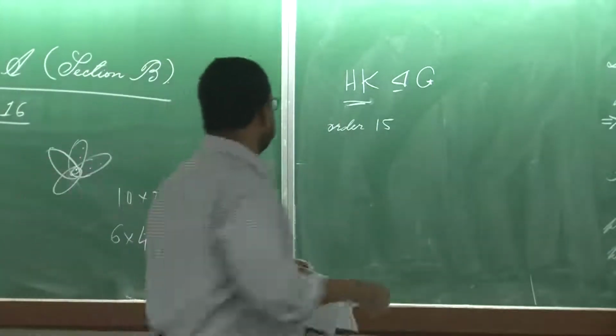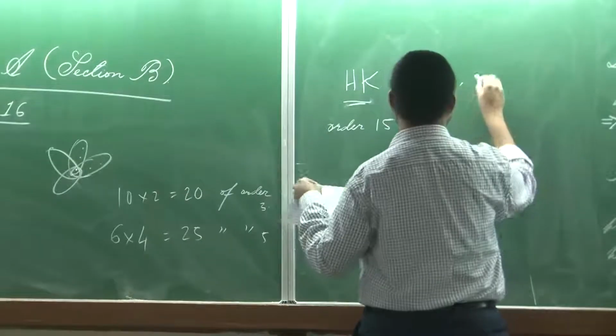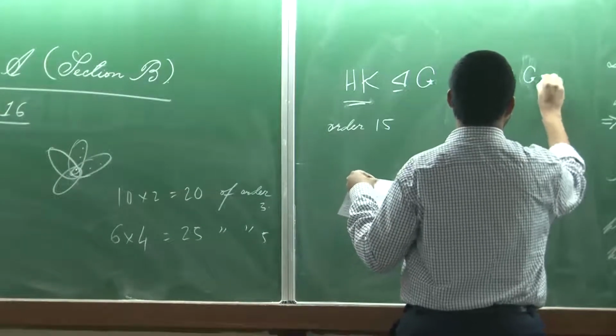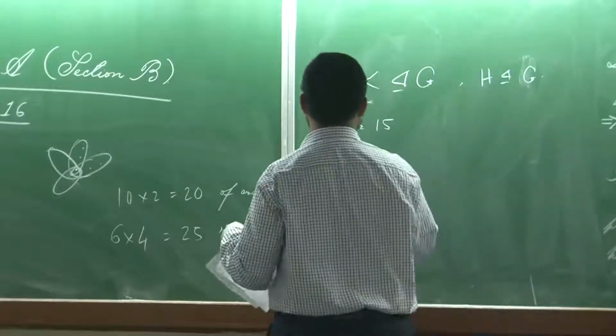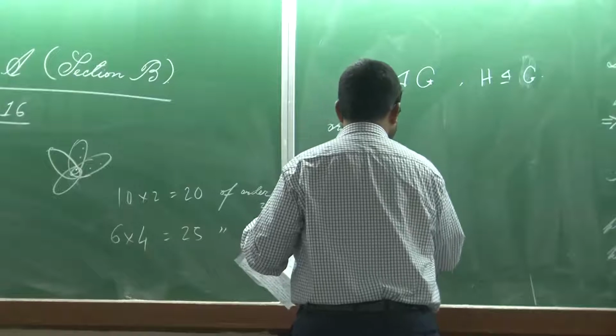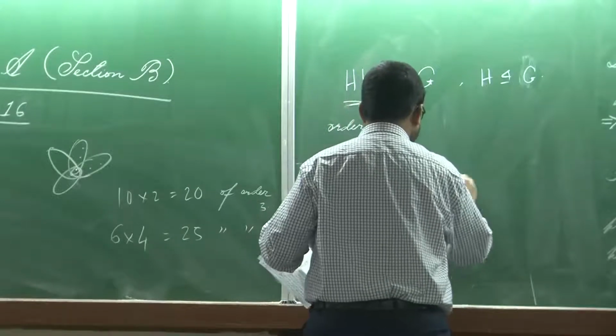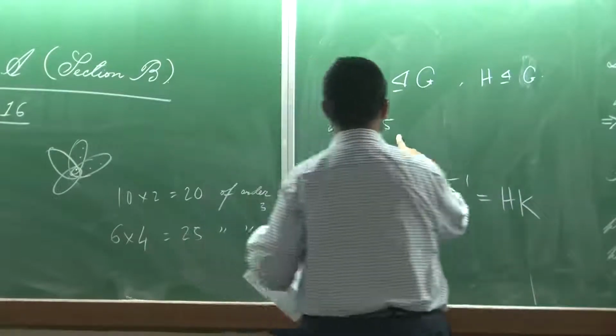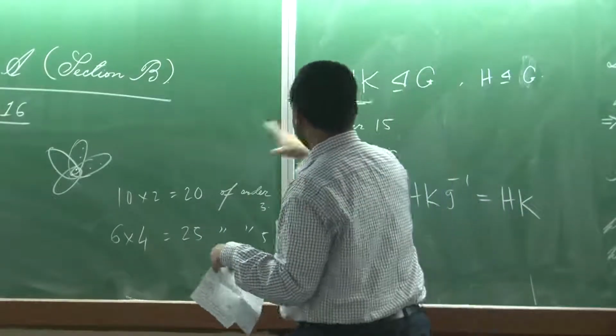Okay. So our assumption is, let's say here we have assumed H is normal in G. Now this is quite clear that if g is in G, g HK g inverse is simply HK, right? And K is contained in HK.